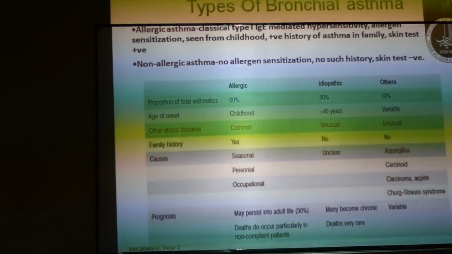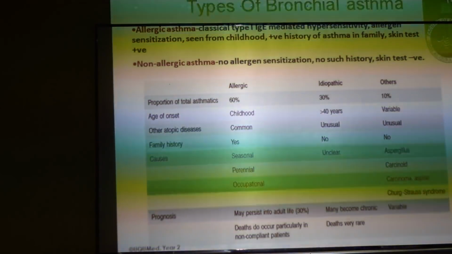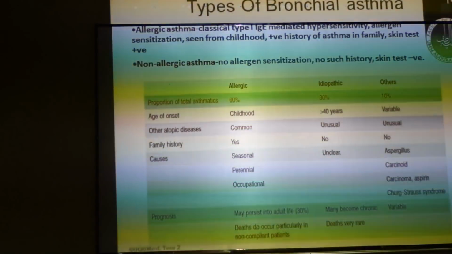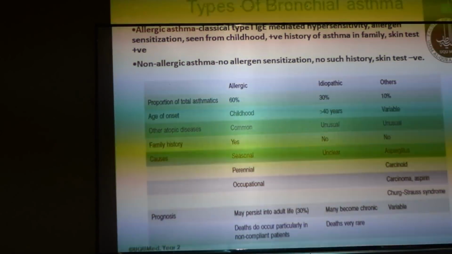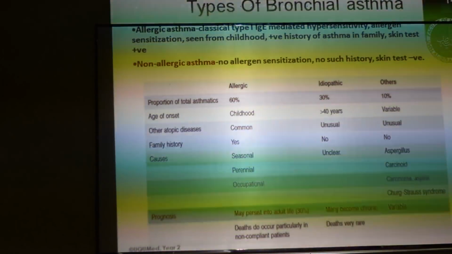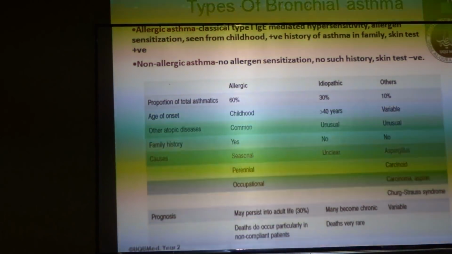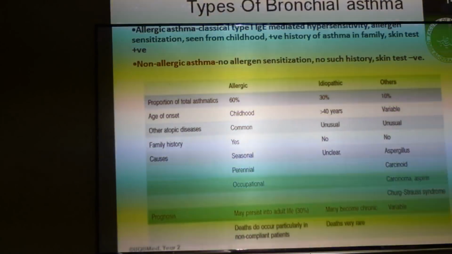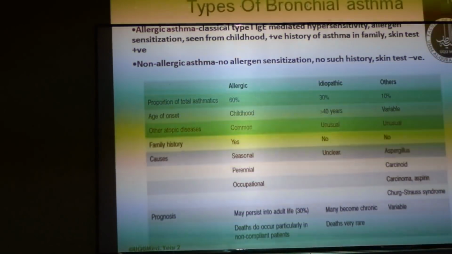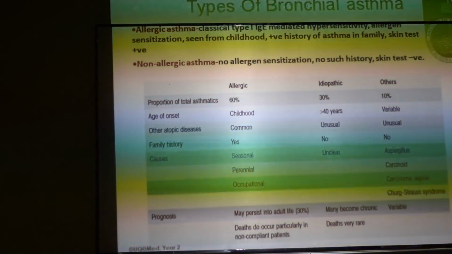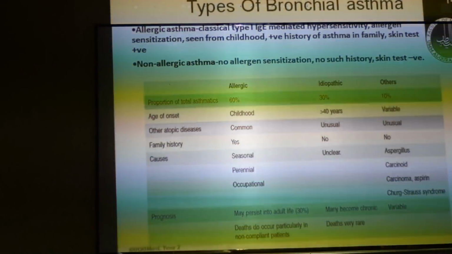While in non-allergic asthma, the immunopathogenesis is not very clear. In a small part, 10%, you know that it is caused by these things, but you don't know the exact mechanism. And the remaining 30%, which are termed idiopathic, you don't know the causes and you don't even know exactly what the immunopathogenesis is.